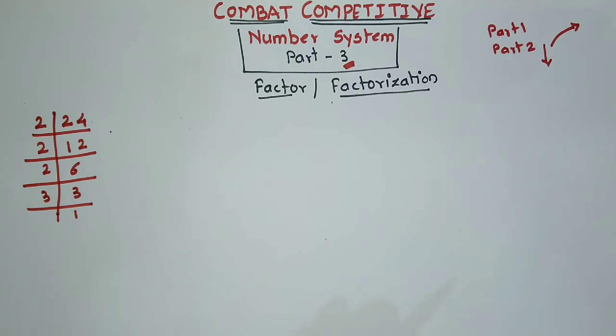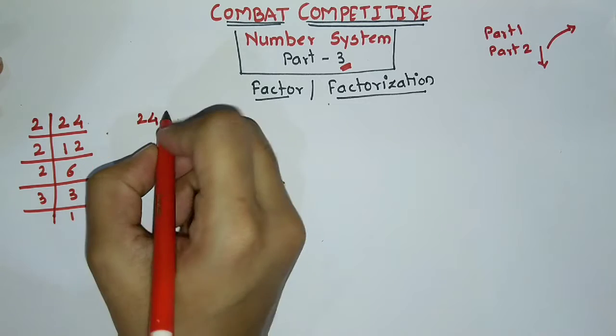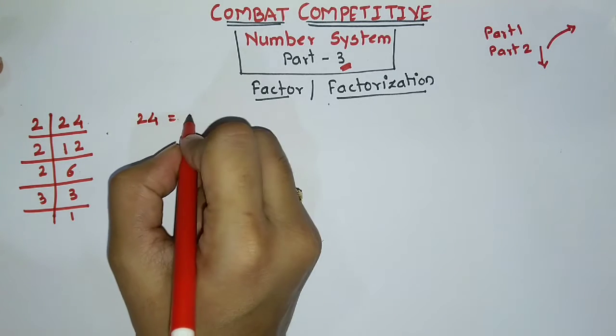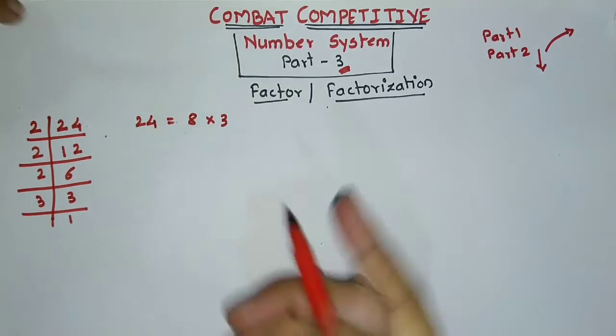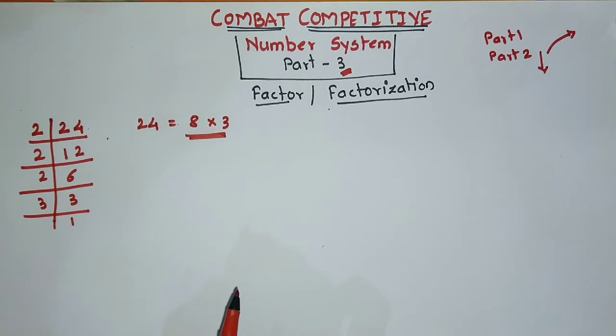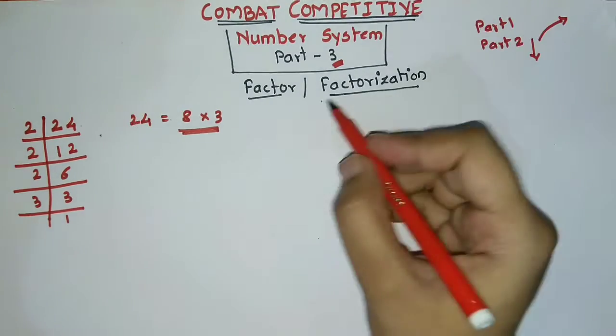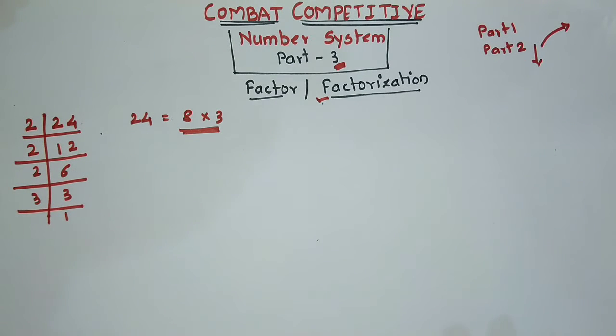This is how we factorize 24. Now, we can directly write its factors as 8 into 3. Right? This process of finding factors of a number is called factorization. The process of finding factors of a number is called factorization.